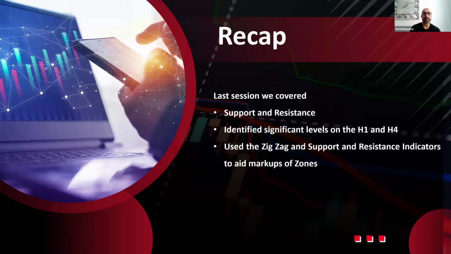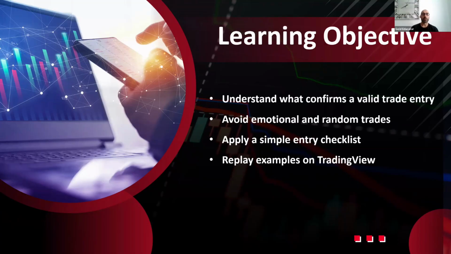By the end of that session, you would have identified key levels in the market where price can potentially go from. We also did a full-on TradingView replay mode, where we saw the market moving and reacting to these zones. That was an absolute fire session. I really enjoyed teaching that one, and hopefully we'll have another fire session today as well.